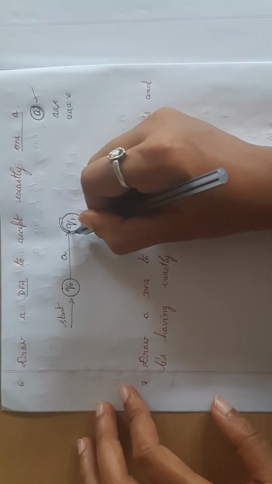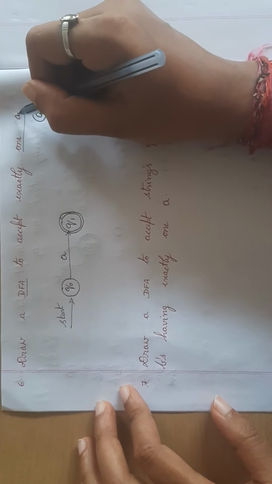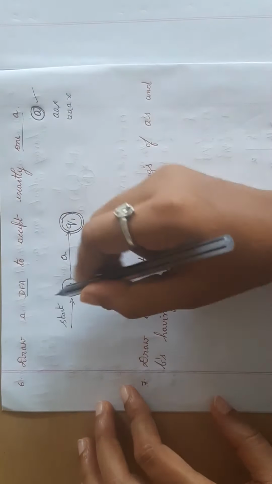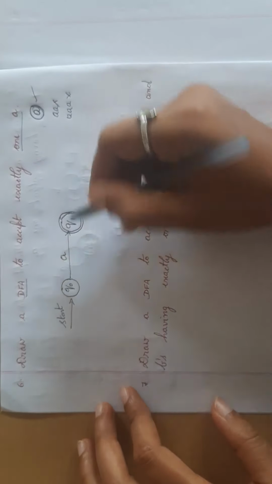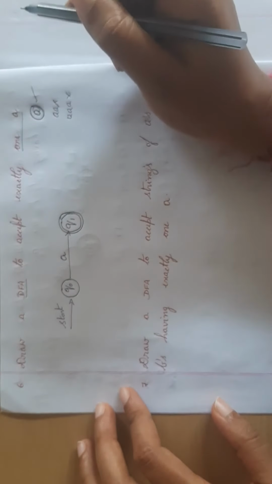So I will put 2 circles. Okay, so this becomes the final state. So I told you, once you have any input, the input here is A. So no matter how many states you take, from each and every state you should have one outgoing for that particular variable.